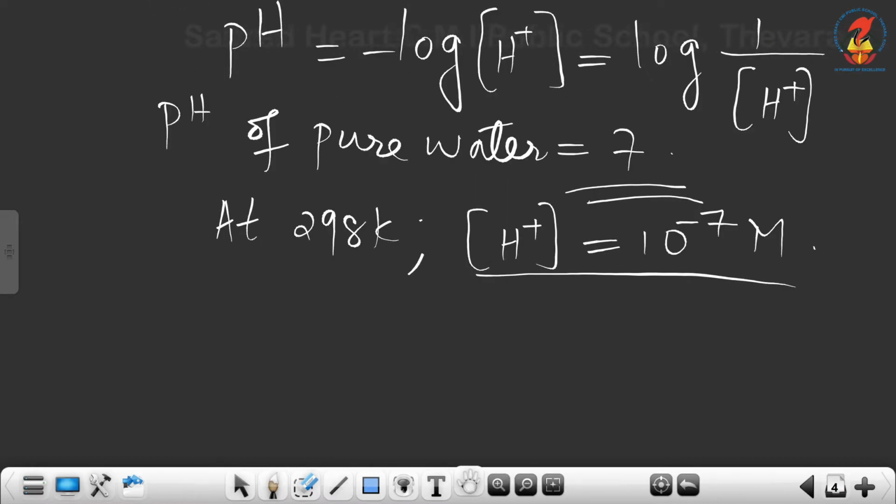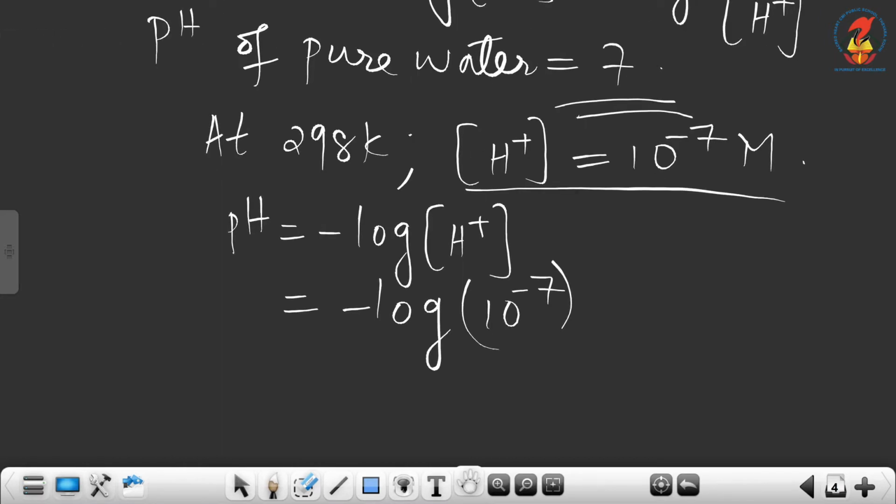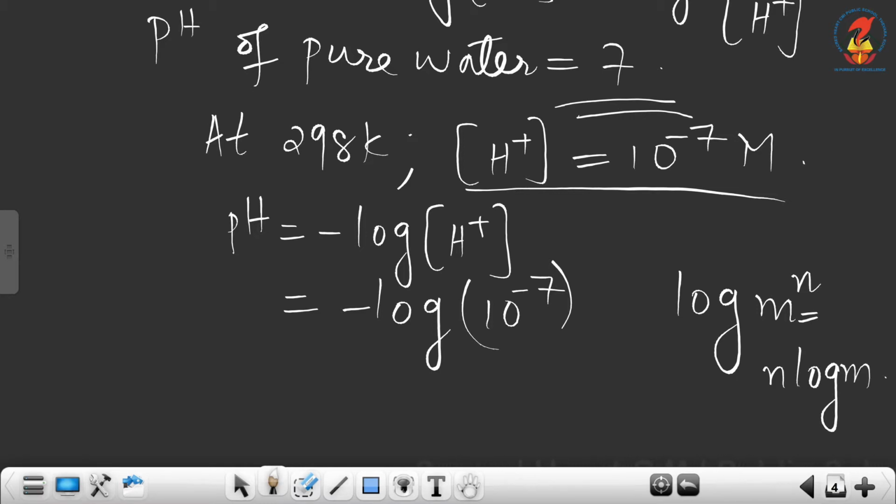So the expression for pH is pH is equal to minus log concentration of H plus, which is equal to minus log 10 raised to minus 7. Now here you have to study this log rule: log m raised to n power is equal to n log m.